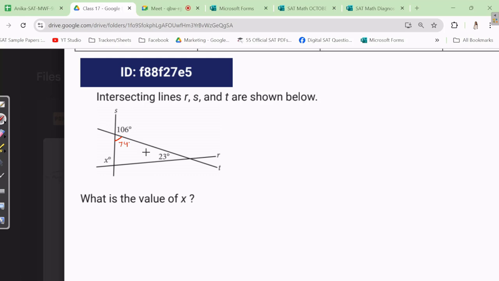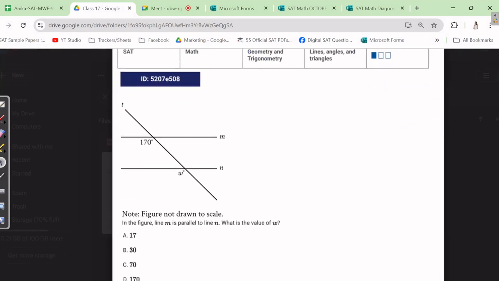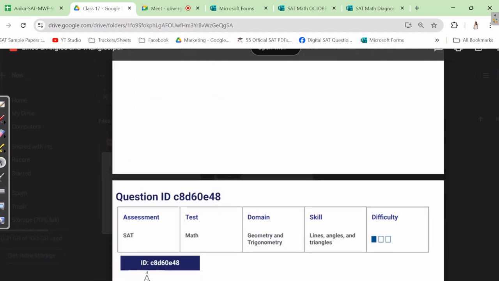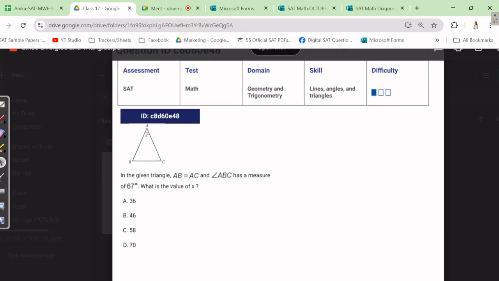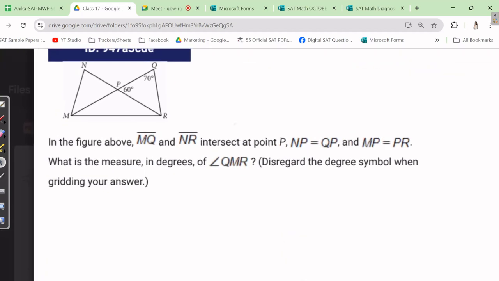Oh, it's 97. 97 was my answer. Yeah, 97 is correct. Okay. Number 4, D. Yeah, D is correct. And then number 5, B. B is correct. Number 6. I got 60 degrees. No, 6 is not correct.